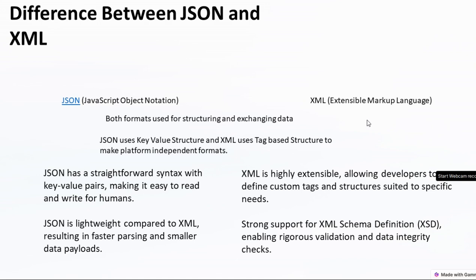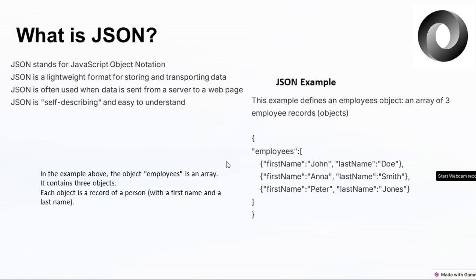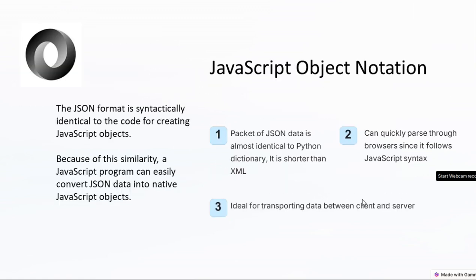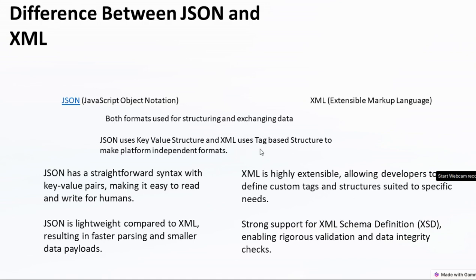The difference is JSON uses a key value structure, just like we saw now. This is the key and these are the values, very similar to the dictionaries in Python. But XML uses a tag-based structure. This is one of the main differences. XML uses the tag-based structure to make it platform independent.